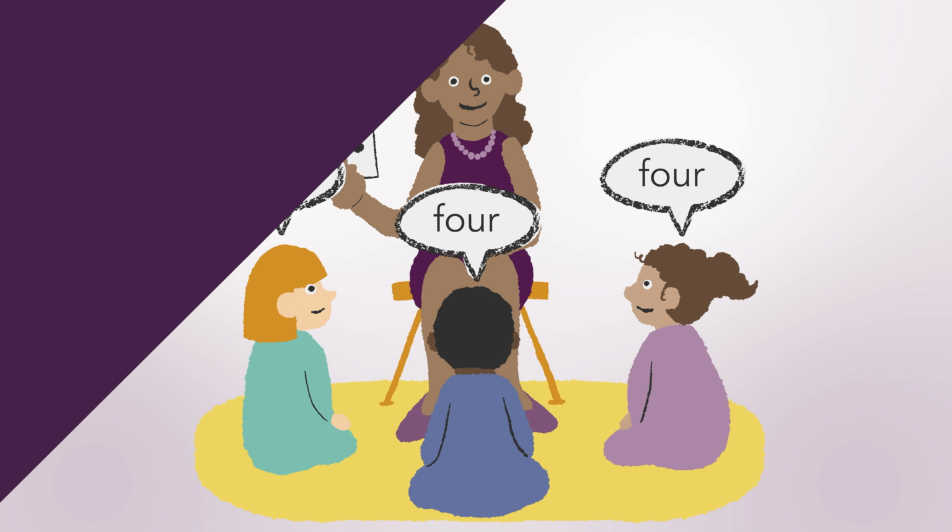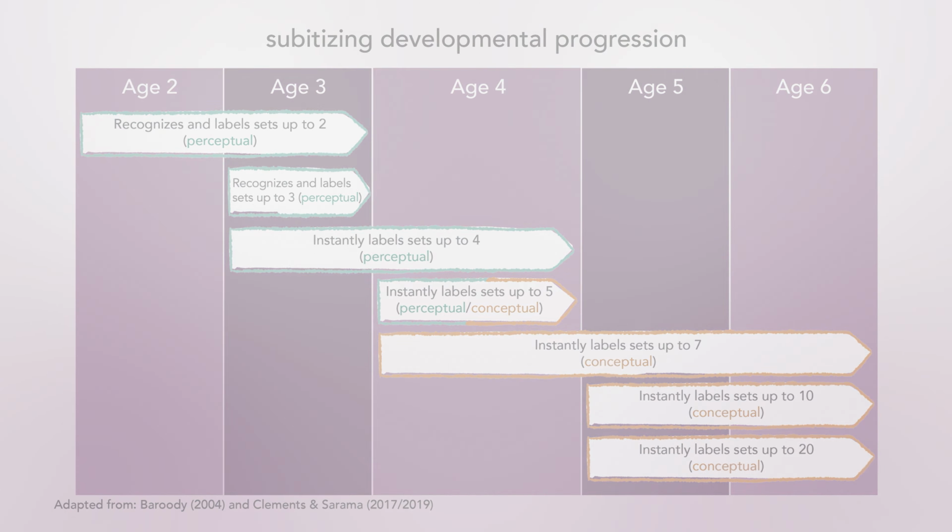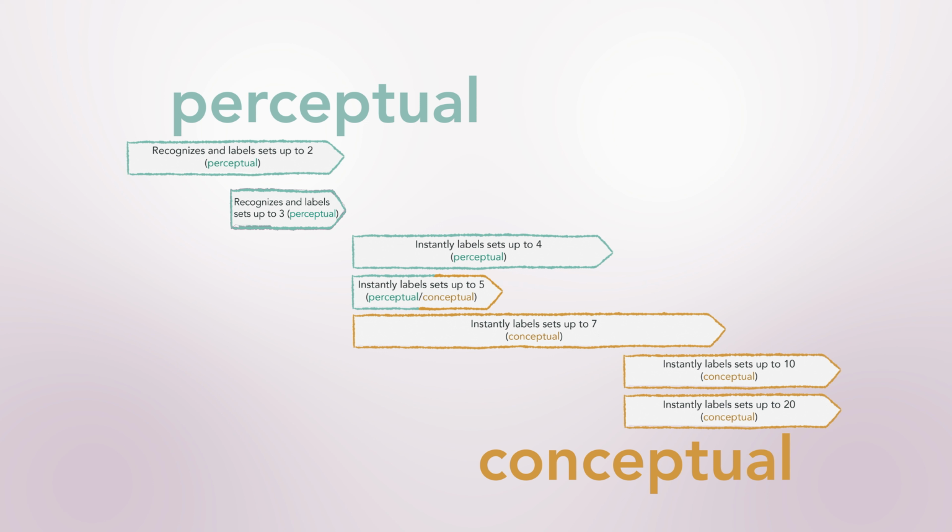Note that the subitizing developmental progression clearly distinguishes between perceptual and conceptual subitizing. Perceptual subitizing develops well before and is foundational to conceptual subitizing. It's also true, however, that conceptual subitizing can occur with very small sets.